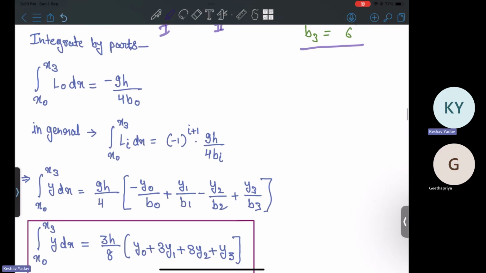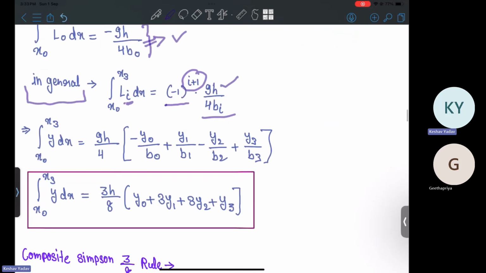Then if you do that, you'll find this is the value that we will get: minus 9h divided by 4b0. And if I write this in general form, the integral of Li dx, limit x goes from x0 to x3, will be equal to minus 1 to the power i plus 1, 9h divided by 4bi.